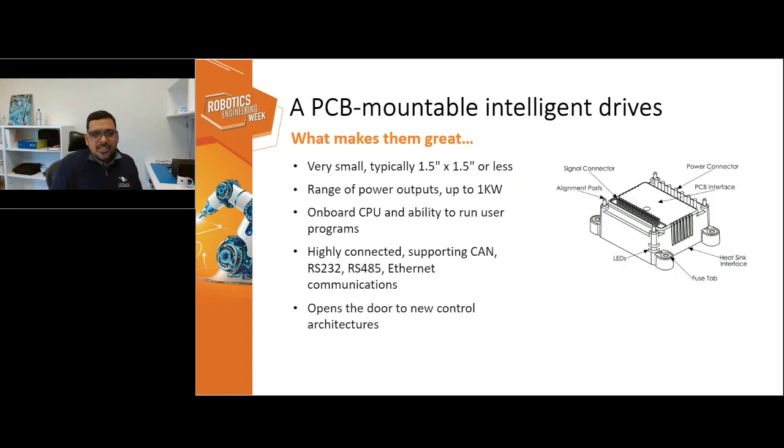Just to highlight, this is the newest product that PMD offers, which goes into the blend approach: an intelligent N series drive. It's a 3-card stack. It has digital connector pins and the power connections, and it can go up to a kilowatt. It provides a whole range of host interfaces from CAN to Ethernet to serial.